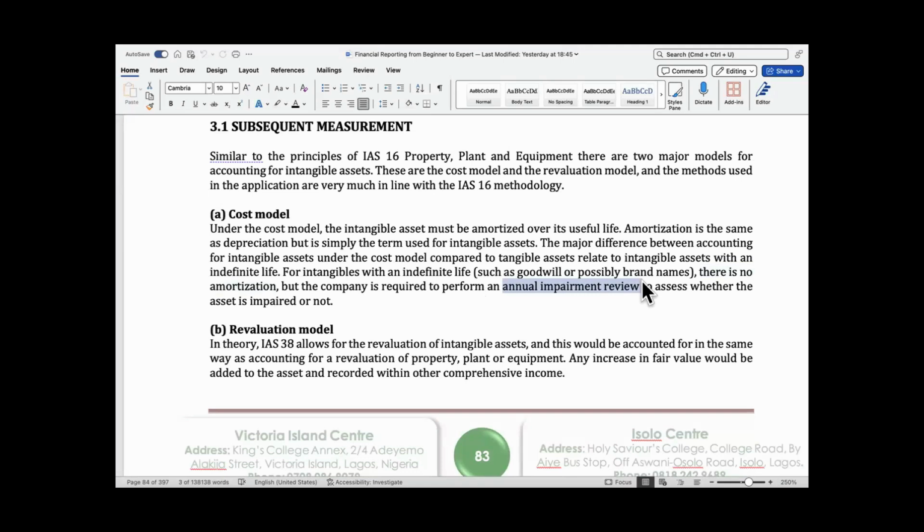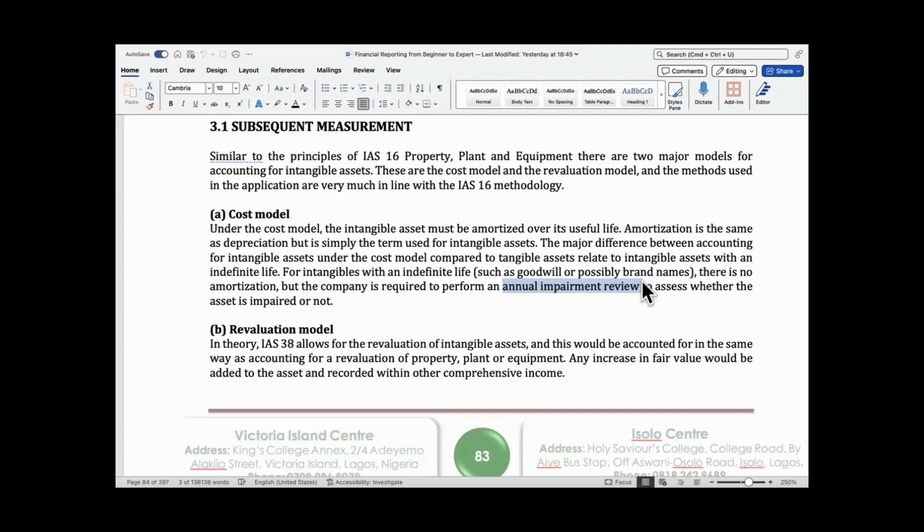This is a very important point that every financial reporting student must understand perfectly: intangible assets with an indefinite useful life are not amortized, but we do an annual impairment review on them.